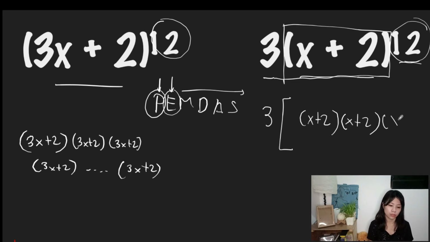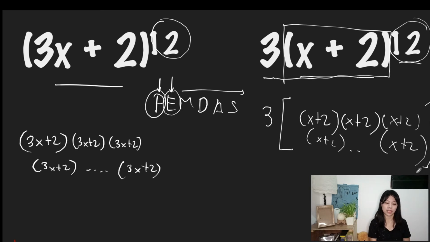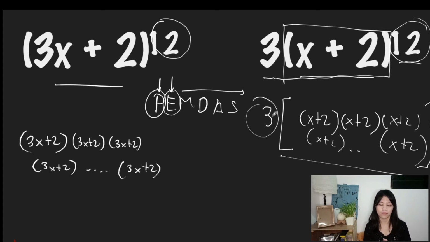So, x plus 2 times x plus 2 times x plus 2, ayan, hanggang maka-12 ka na x plus 2 na minumultiply mo sa isa't isa. Tsaka, pag nakuha mo na answer dito, tsaka mo lang siya pwedeng i-multiply kay 3. So, that's the essence or the importance of having parentheses. There are cases na hindi gumagamit ng parentheses, pero alam mo kung saan siya nire-raise.